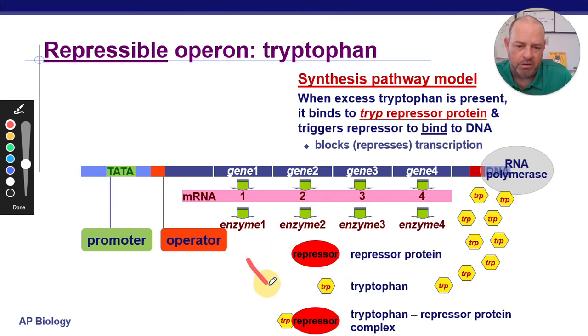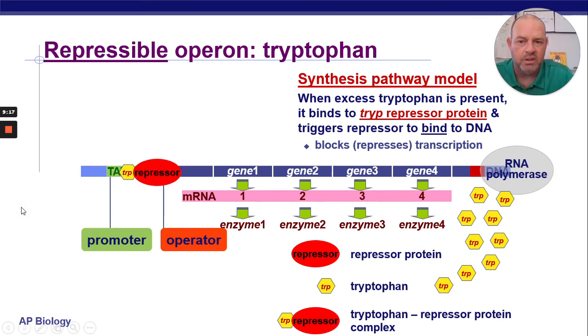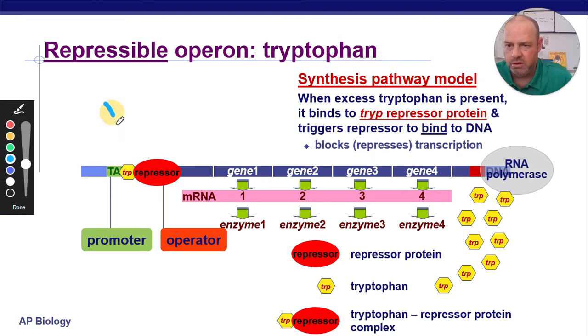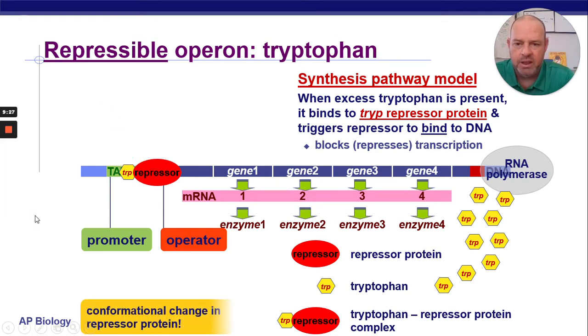And so now that tryptophan is going to bind to the repressor, and that is going to cause, now we have the tryptophan-activated repressor, and it goes and sits on there, and the polymerase will not be able to get on there, and we will be done making tryptophan for a while.